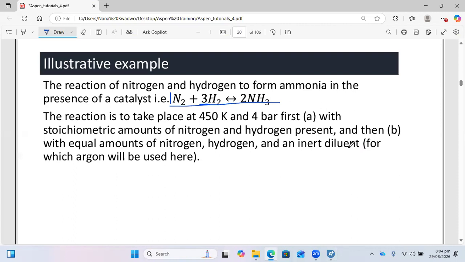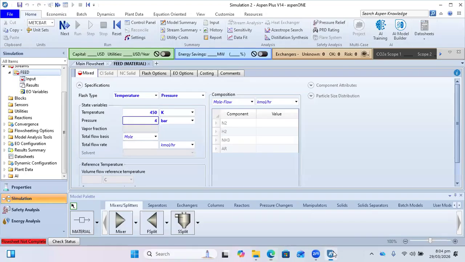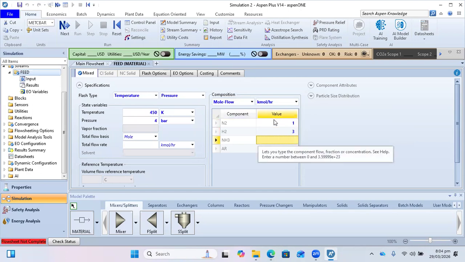You can select a basis, maybe 100 kilomole per hour, and then you decide the fractions 0.25, 0.75. You can do that. Or you can decide to take an easier path, right? So we know that if I have 1 mole of nitrogen, I need 3 moles of hydrogen. So over here under composition, instead of working with mole fractions this time, we work with mole flow. And we just say that we have 1 kilomole per hour of nitrogen and 3 kilomole per hour of hydrogen, so that we know that it's 1:3 already.